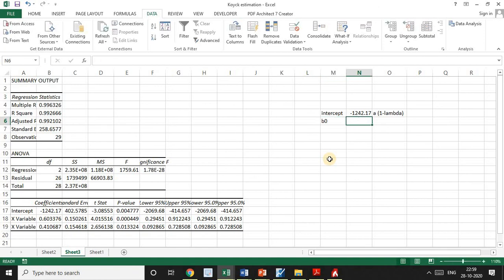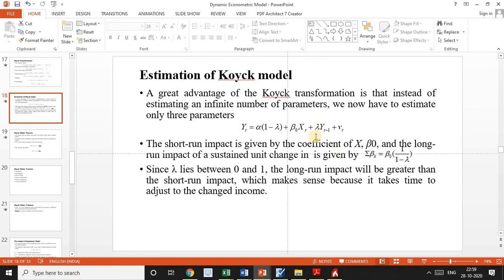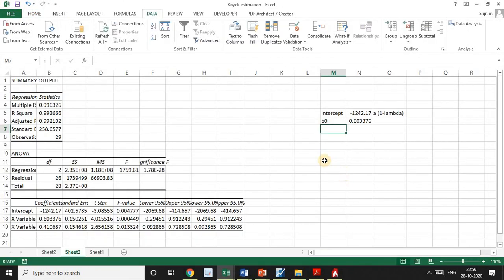Beta 0 is equal to this one. And the third parameter is lambda. So lambda is equal to 0.410.